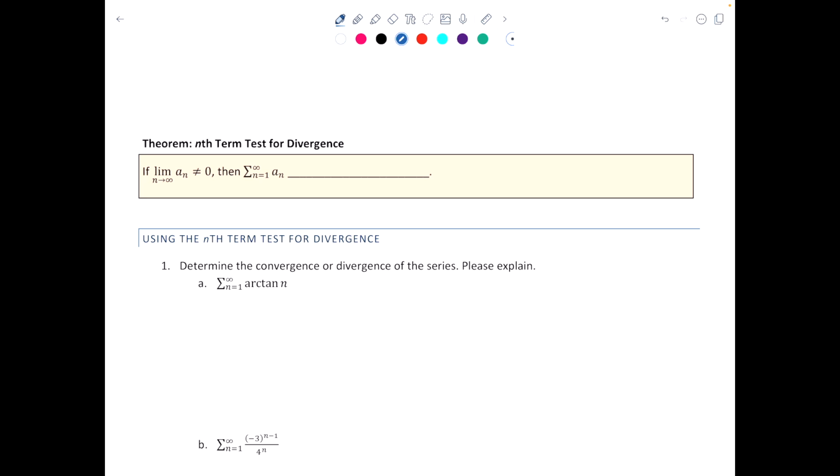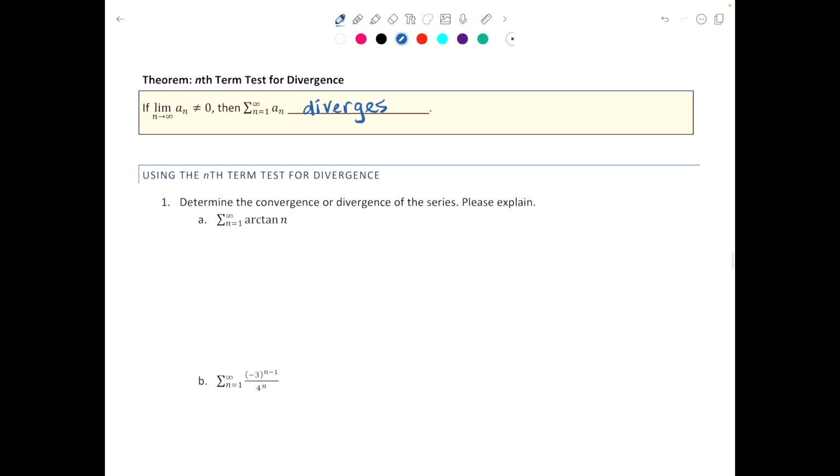So if the limit as n approaches infinity of a sub n, the sequence inside the series, is not equal to 0, then the summation from n equals 1 to infinity of a sub n diverges. So it only will show divergence, all right? So you see something like this, really almost anything, try the nth term test for divergence first. If you get a non-zero result, you're done. And you can go home. You can go have a margarita or something.